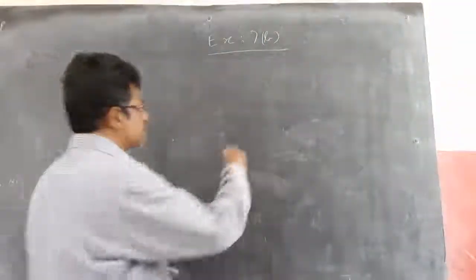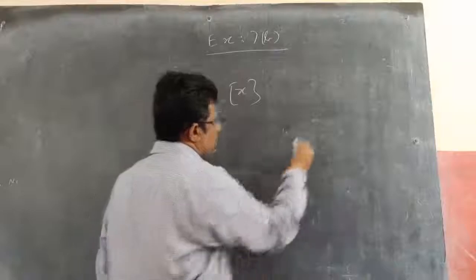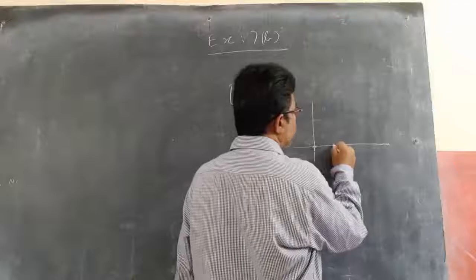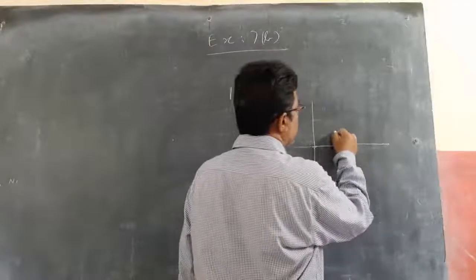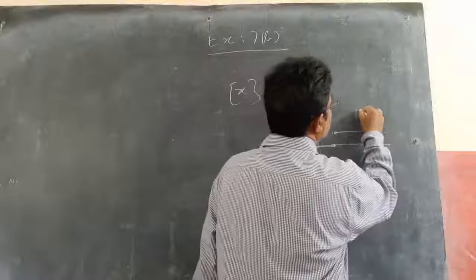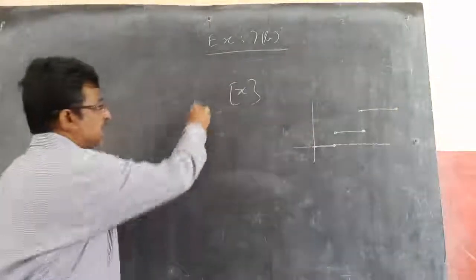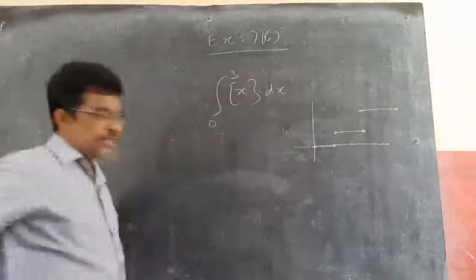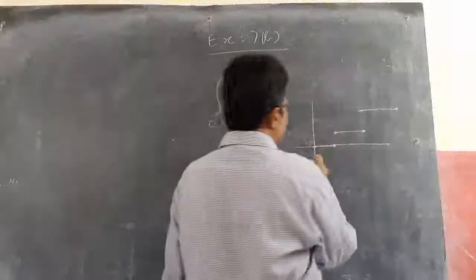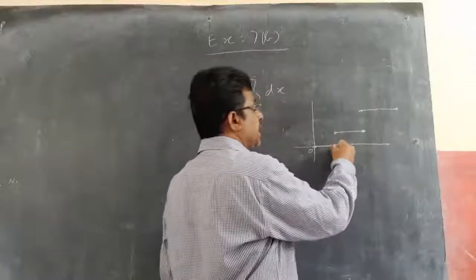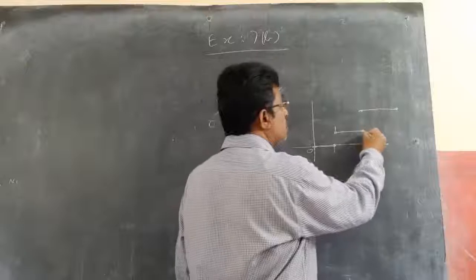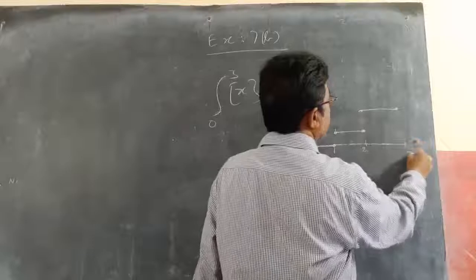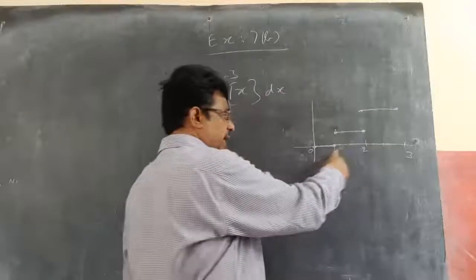If you take the step x, you know what the step x graph looks like? I explained the graph of step x in functions. Step x equals 0 between 0 to 1, 1 from 1 to 2, and 2 from 2 to 3. Now if I ask for the integral of 0 to 3 step x dx, the function is continuous up to 1, discontinuous at 1, continuous from 1 to 2, and again continuous from 2 to 3, but discontinuous at 1 and 2.